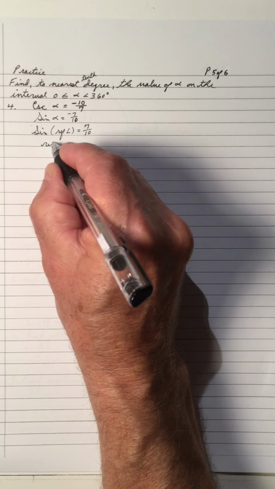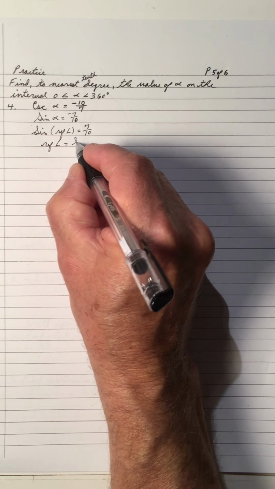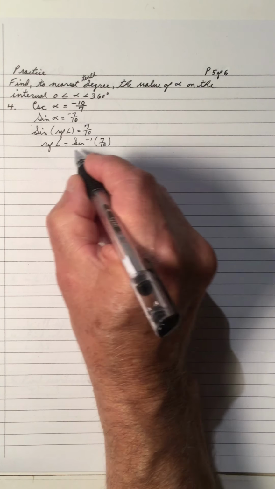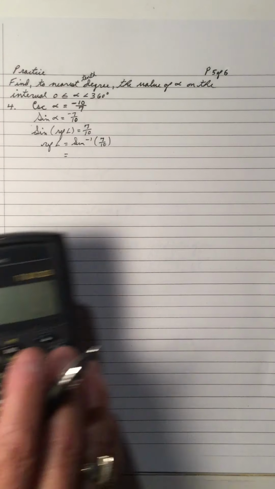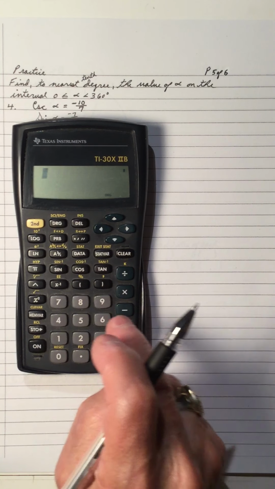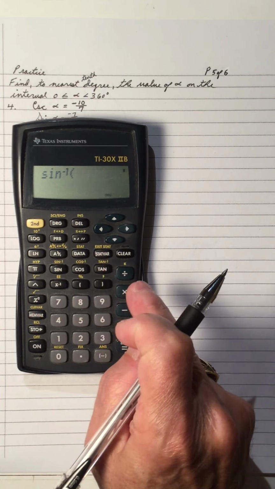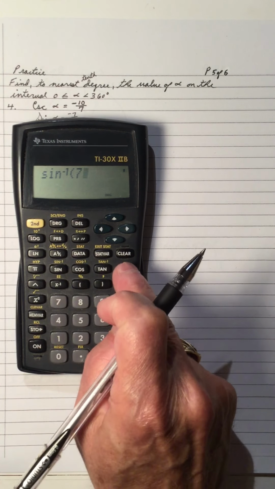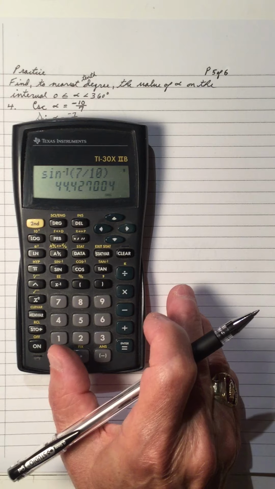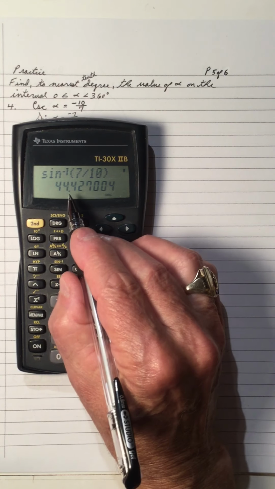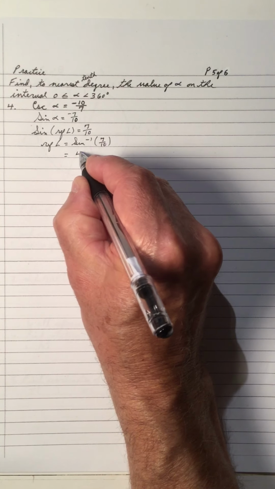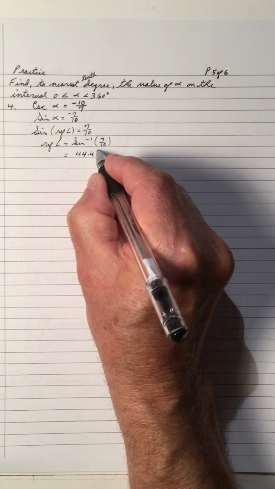And the reference angle is sine to the -1 of 7 divided by 10. So the reference angle, pick up the calculator, we got it cleared. So it's inverse sine of 7 divided by 10, and I have 44.4 to the nearest tenth. So the reference angle is 44.4.